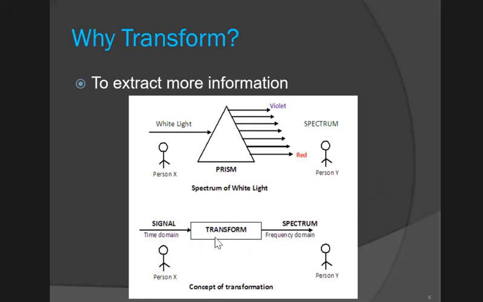When we pass an image through a transformation, we get these components separately, and now we can work on components like edges or noise separately, and we can remove that noise. That is not possible in the spatial domain because noise is spread throughout the image, right? So that is the use of transformation.